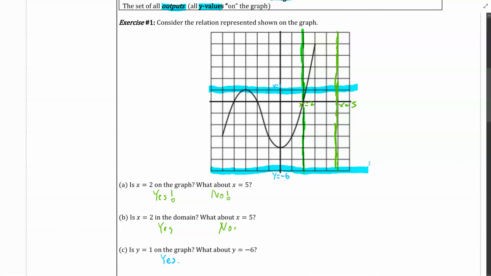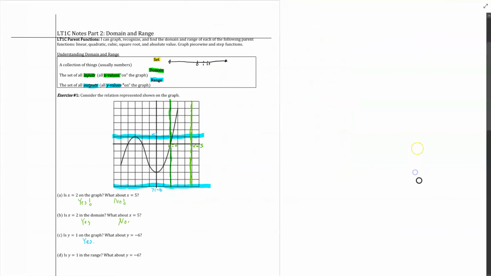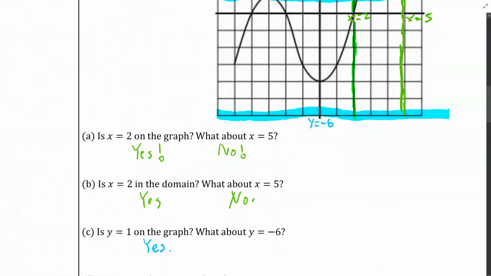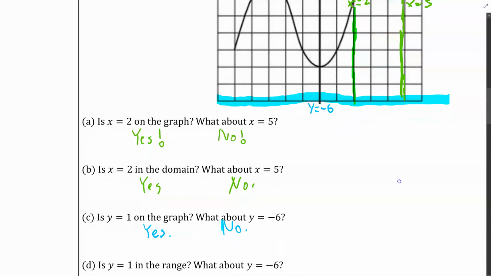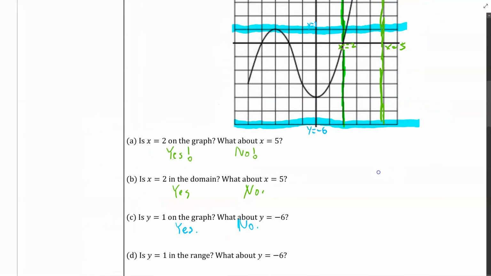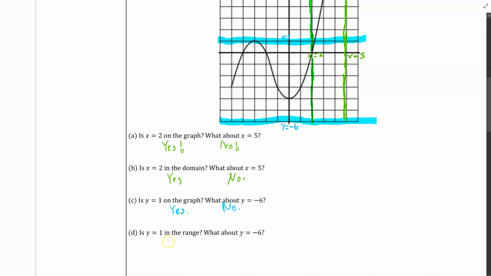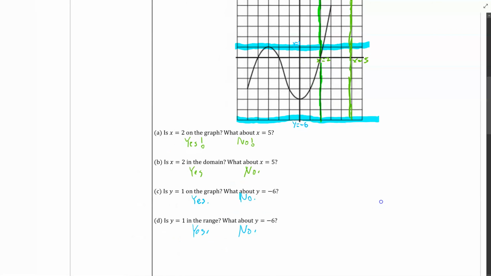And we can see in this case, this line will not touch the graph. And so y equals -6 is not on the graph anywhere. And so because of that, we can say that y equals 1 is in the range because it's on the graph, whereas y equals -6 is not in the range because it is not on the graph.